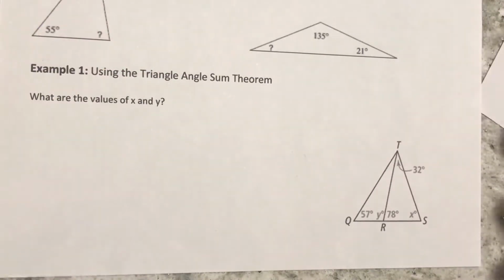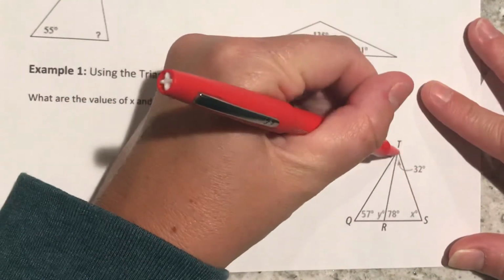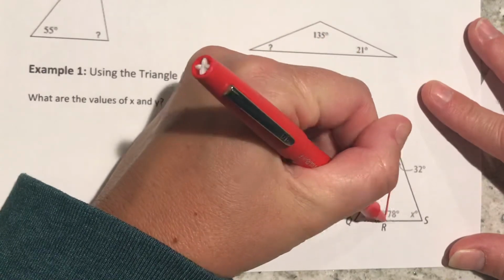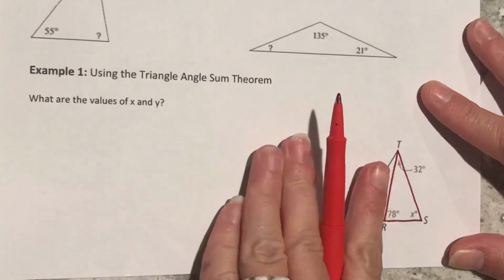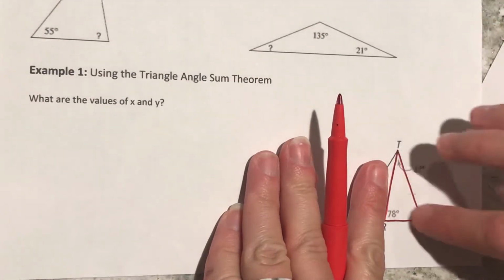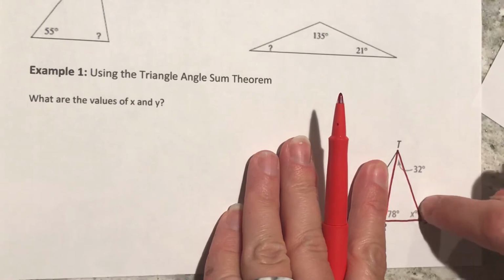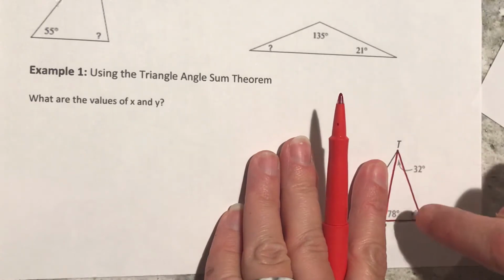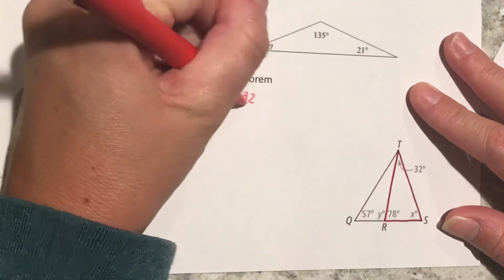If I wanted to go in alphabetical order, because that's just who I am, and solve for X, I see that X is a part of this triangle right here. If I disregard this other triangle and only focus here, X is the only missing angle inside this triangle. So if I take 32 plus 78, I don't have a calculator, so bear with me, I have to do all of this by hand.